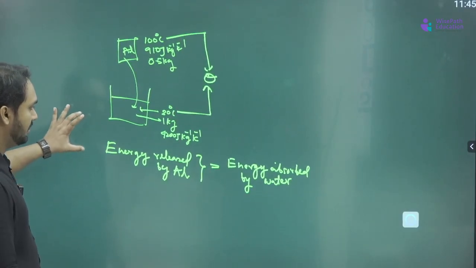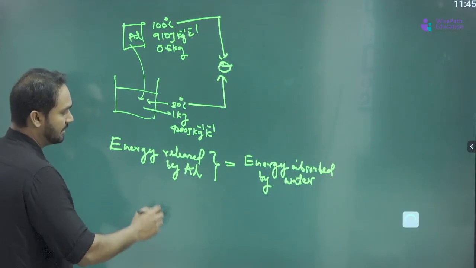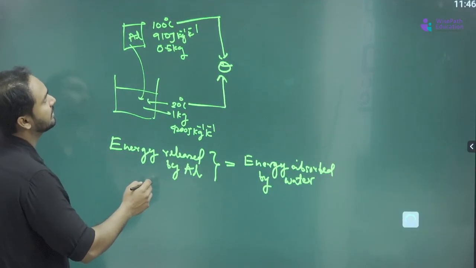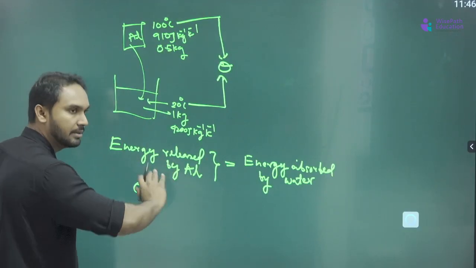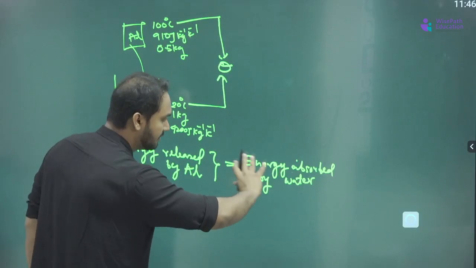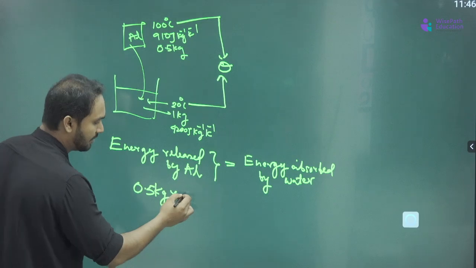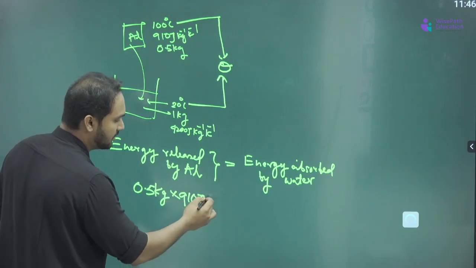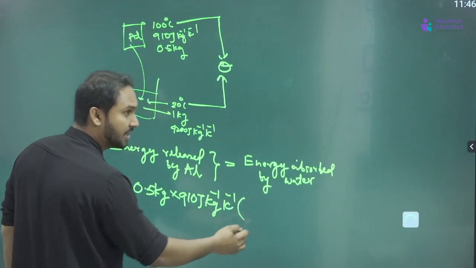So if I apply mc theta here, the mass of the aluminium is 0.5. The energy released is mc theta of this object, and the energy absorbed is mc theta of the other object. So 0.5 kilograms, specific heat capacity 910 joules per kilogram per Kelvin, and the temperature difference is the important part here.